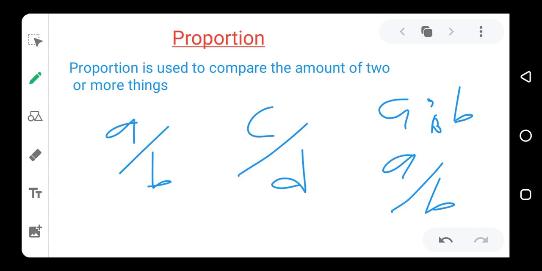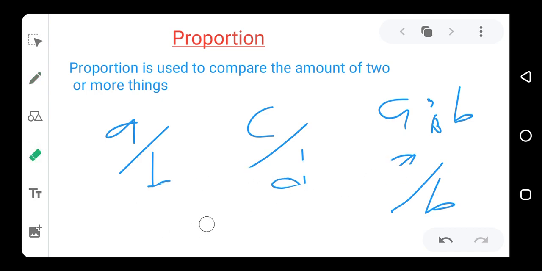A ratio can also be indicated by using the division sign to make it a fraction. So, when we have two or more ratios and we want to compare them to see which one is bigger and which one is smaller, that is what we do in proportion.